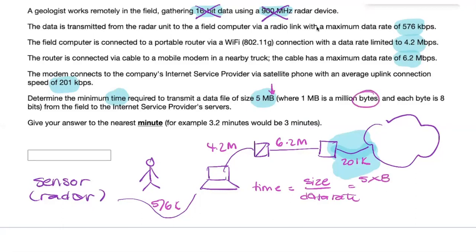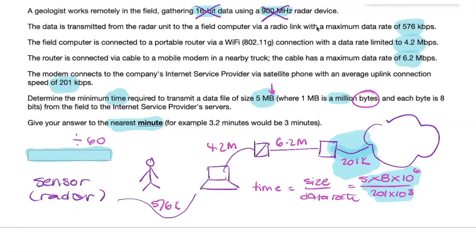So that's 8 bits. So 5 times 8 times 10 to the power 6, because we have a million here, the mega. And we're dividing it by the slowest link, which is 201 times 10 to the power 3. So that's your answer. You divide that, and then you divide by 60. It says to the nearest minute. So you divide by 60, and that will give you your answer there.